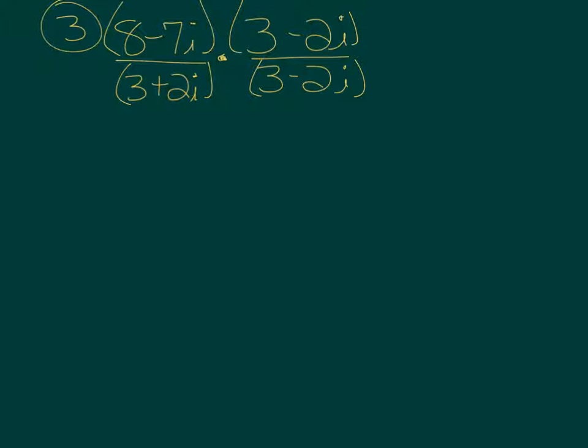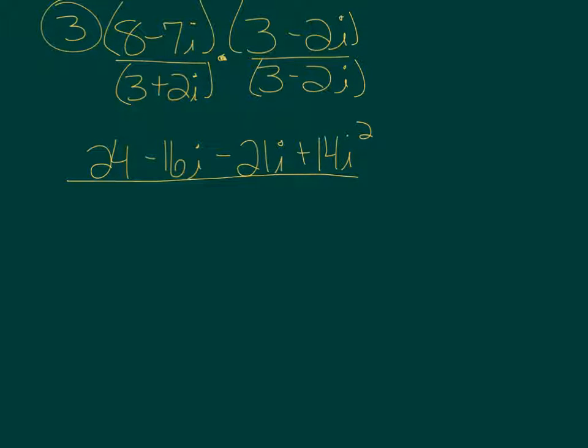We're going to FOIL. 8 times 3 is 24. 8 times -2i is -16i. -7i times 3 is -21i. And -7i times -2i is plus 14i squared. If you can go ahead and handle that i squared, you could do that without writing it that way. I'm just writing it to make sure you see it.